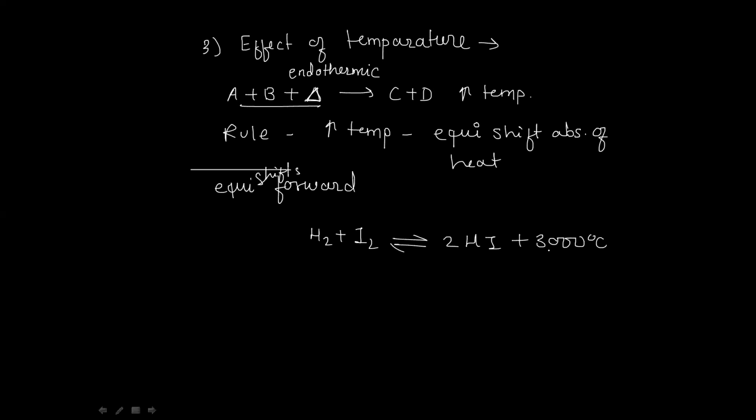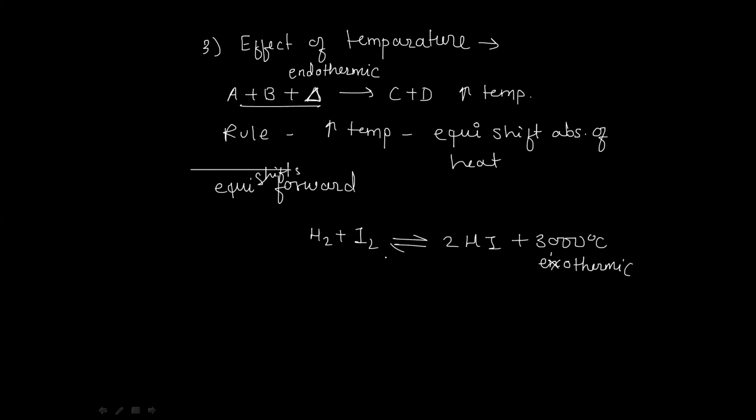In this reaction the heat is in the product, so it is an exothermic reaction. Where will the equilibrium shift? The equilibrium will shift in the forward direction only when it is... in this way, the equilibrium changes.